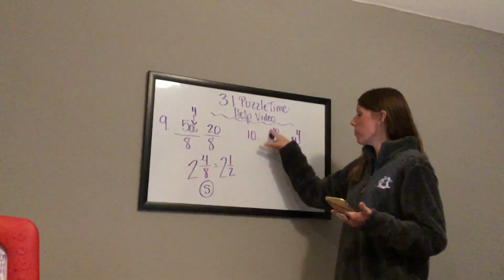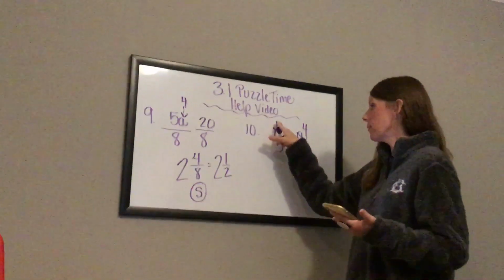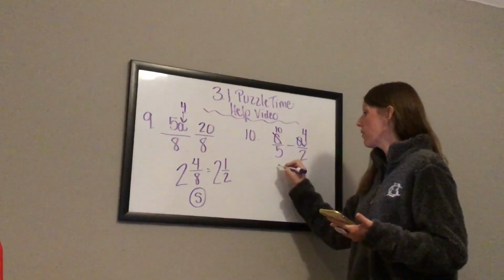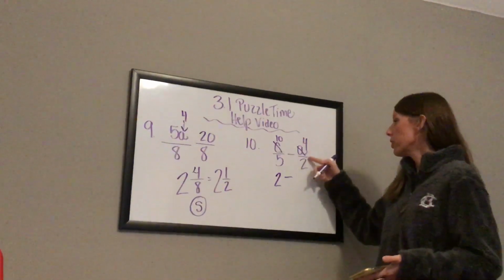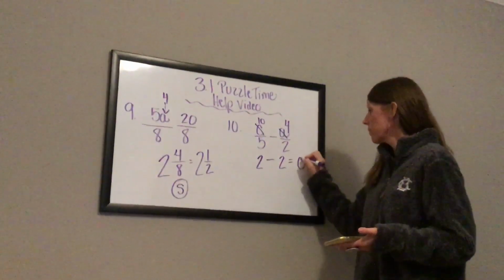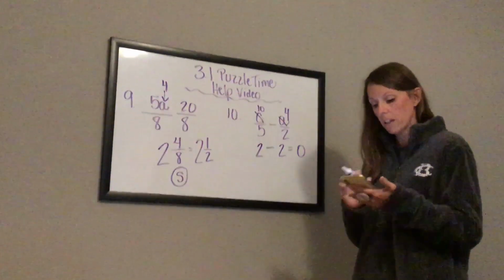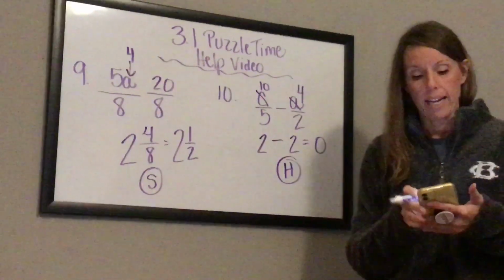And so I'm going to go ahead and divide these. What's 10 divided by 5? Because we know this line means to divide. So 10 divided by 5 is 2. It always means divide. I don't know why I said sometimes. And 4 divided by 2 is 2. And what's 2 minus 2? 0. So if we look, it looks like the answer to number 10 is H.